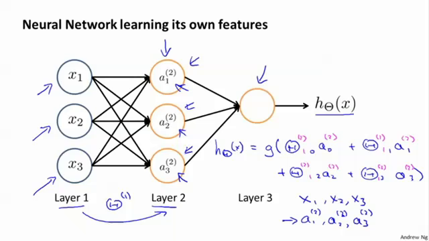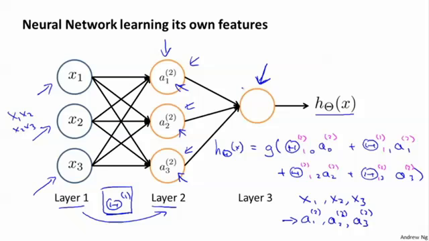And as you can imagine, depending on what parameters it chooses for theta 1, you can learn some pretty interesting and complex features, and therefore you can end up with a better hypothesis than if you were constrained to use the raw features x1, x2, x3, or if you were constrained to, say, choose the polynomial terms x1, x2, x2, x3, and so on. But instead, this algorithm has the flexibility to try to learn whatever features it wants using these a1, a2, a3 in order to feed into this last unit that's essentially a logistic regression unit.